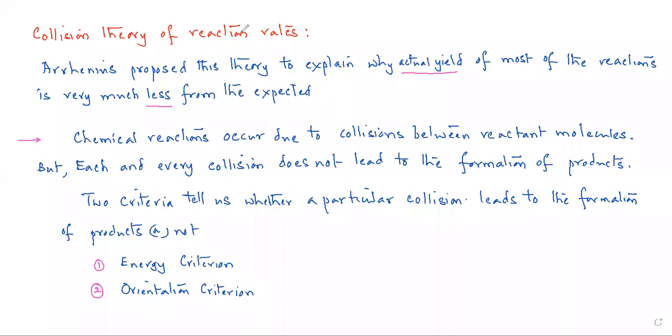Energy and orientation are the two things which decide whether a collision leads to the formation of products or not. So let us first see information about the energy criterion.